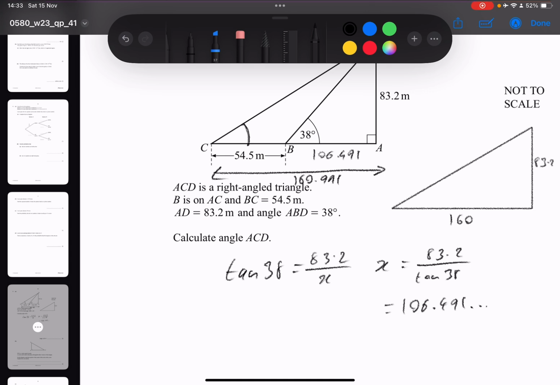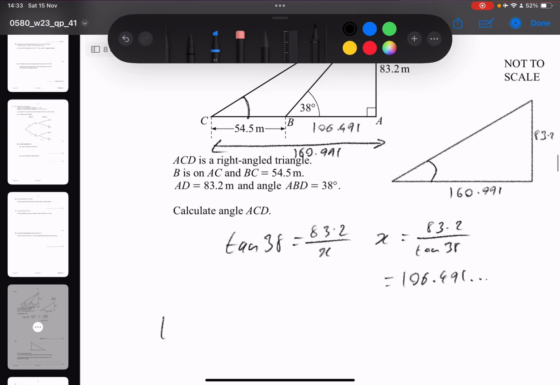And then we just apply the inverse tan: inverse tan of the opposite over the adjacent, which is 83.2 divided by 160.991. Let's do that. 83.2 divided by my previous answer, and we get 27.3 degrees. Well, that's it.